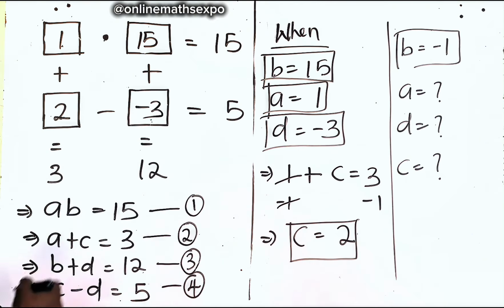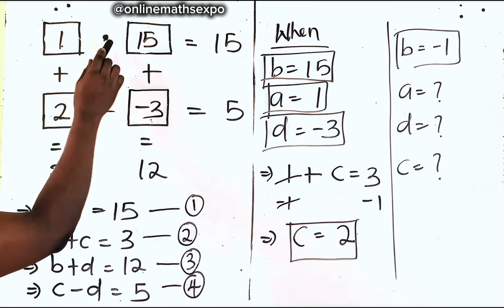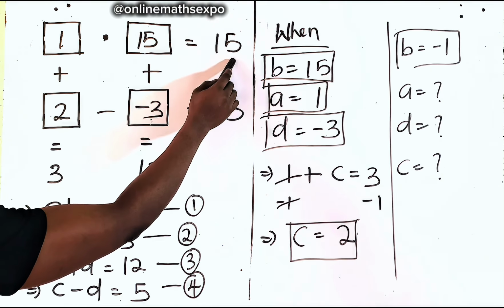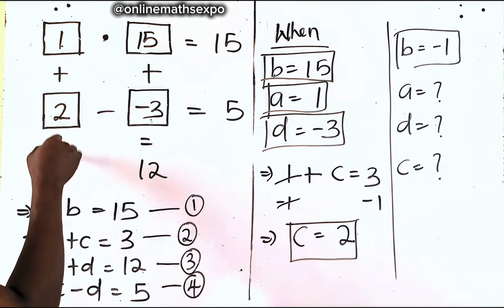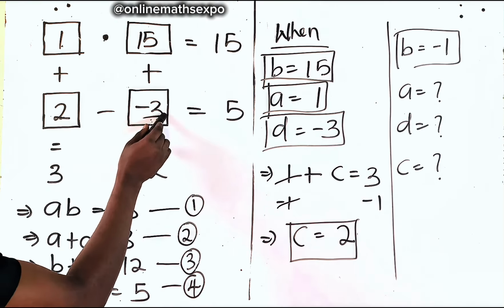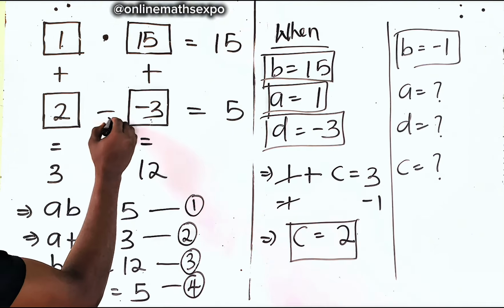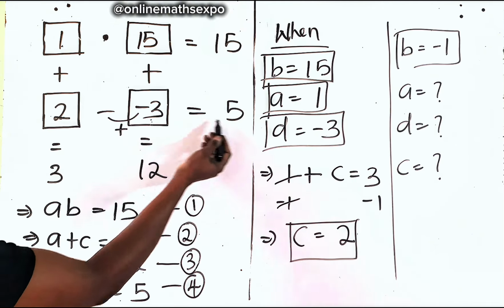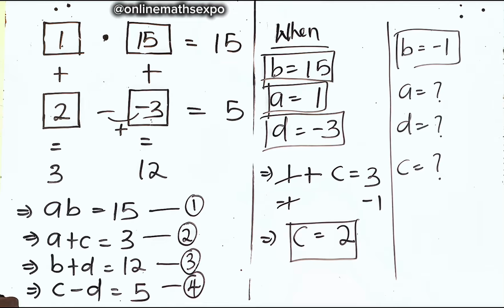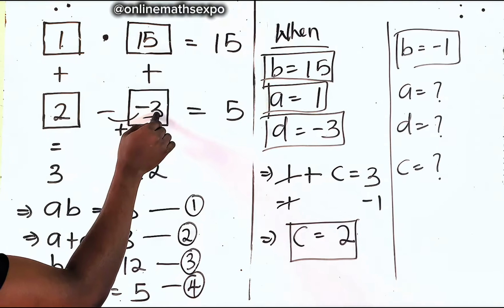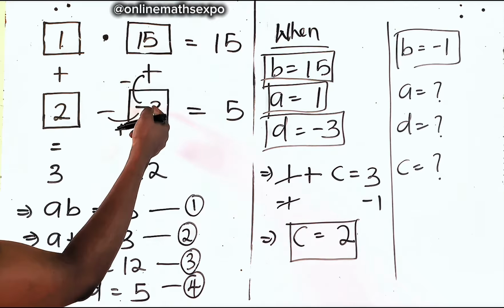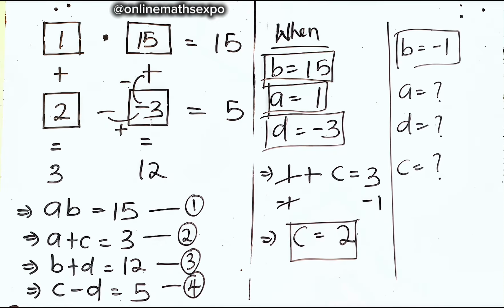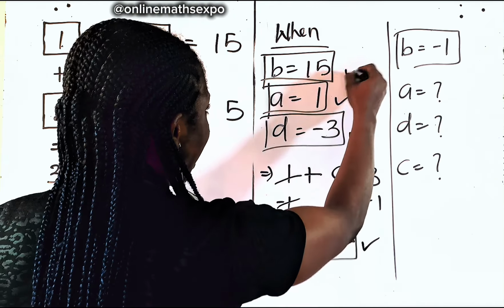Let's see if that's correct. 1 multiplied by 15 is 15. 1 add 2 is 3. 2 subtract negative 3, automatically, this gives you positive, so that gives you 5. And when you do 15 add negative 3, it means 15 subtract 3, which gives us 12. So what it means is that the values we got are correct.